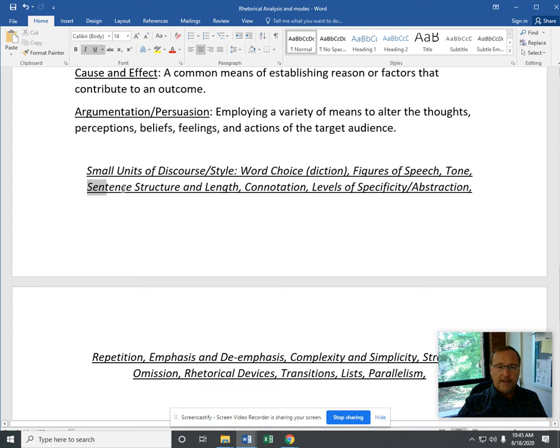The sentence structure and length has a pretty profound impact on the way an audience will perceive what you're trying to say. Do we want to vary our sentence structure and length? Well, that's usually a pretty good way to get people to not be lulled into a rhythm that's going to put people to sleep.